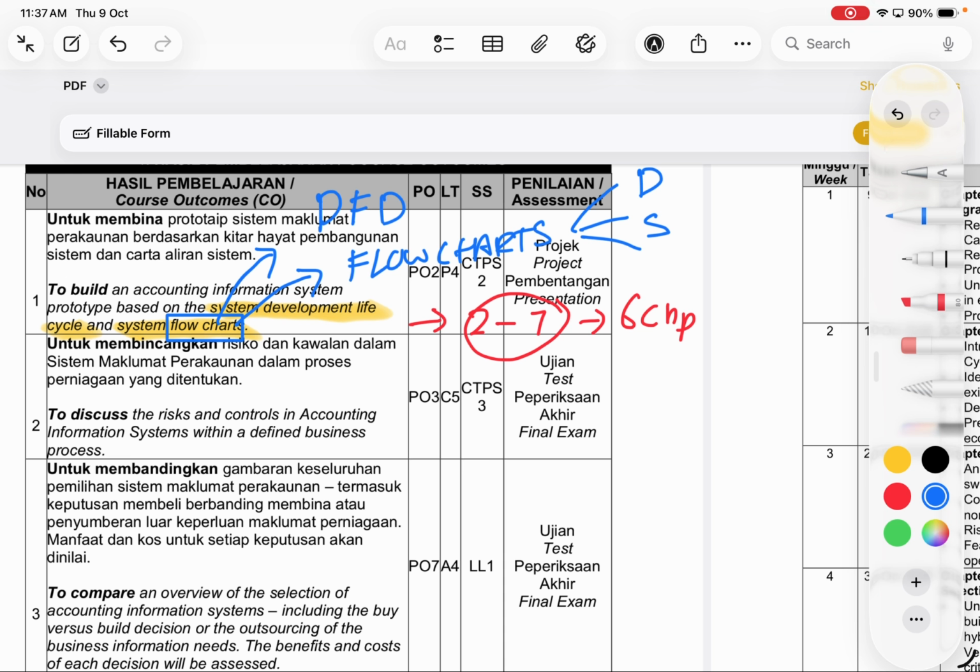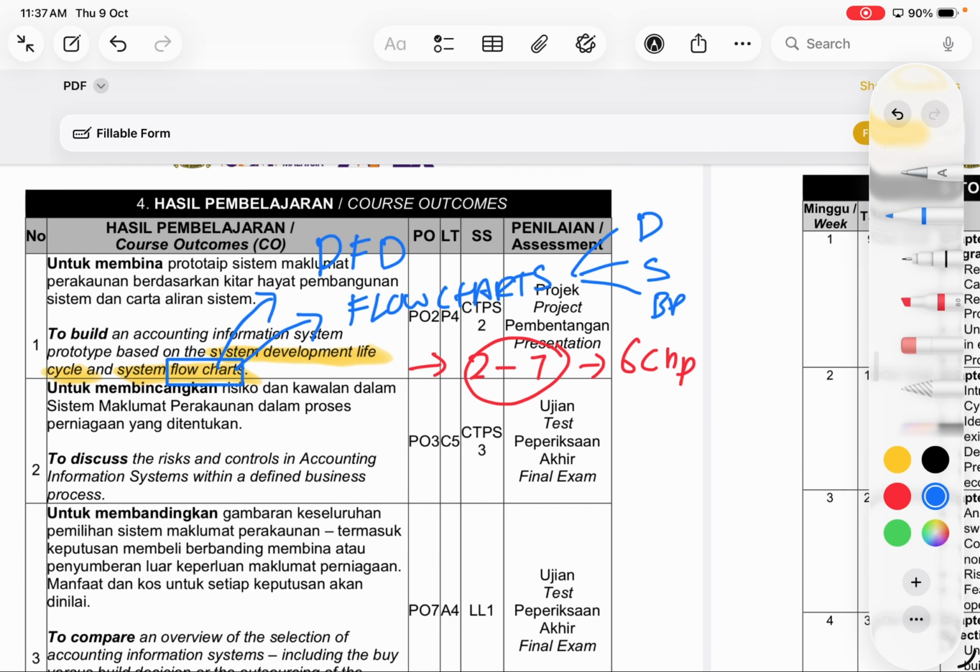Then we got the business process flow chart as well. In a big conclusion, all of these flow charts over here are just specific terms, and it's how you define your diagram. Your diagram can be a mixture of different things.